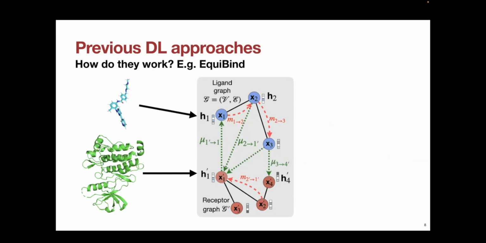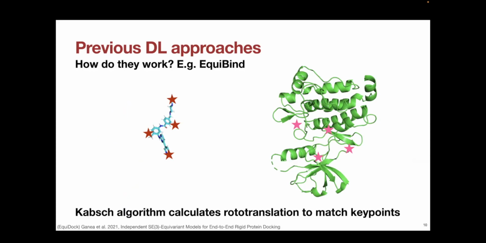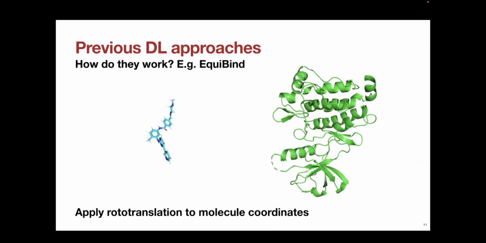This regression approach would make its prediction by predicting key points for the protein where the model thinks the small molecule should bind, or where the model thinks the pocket is, and it would predict key points or interaction points for the small molecule. Then we would calculate the translation and the rotation to optimally align those key points and apply the same transformation to the small molecule to end up with the final location prediction.